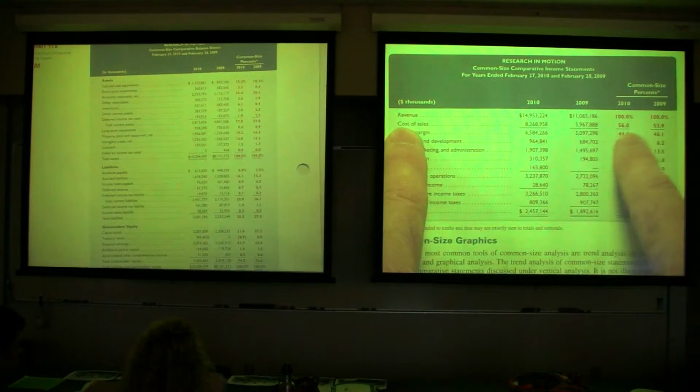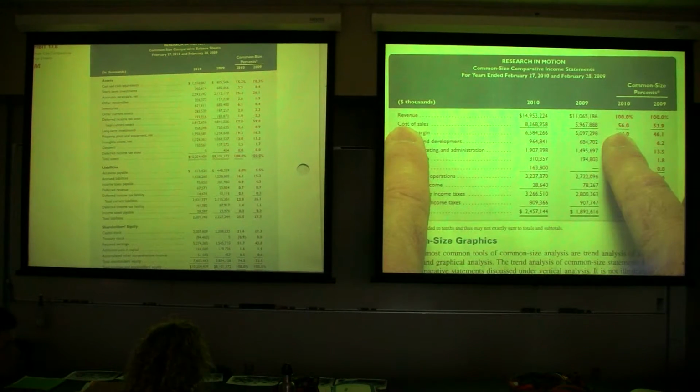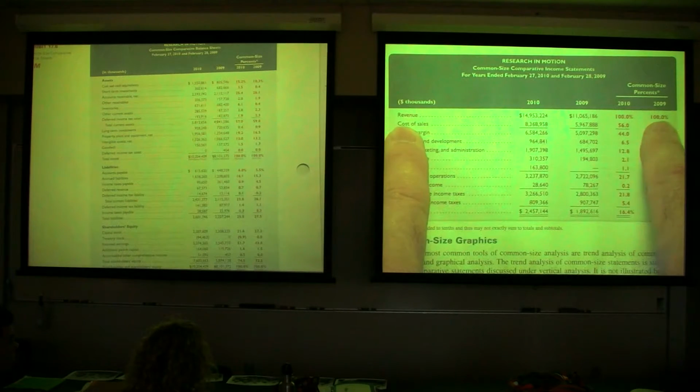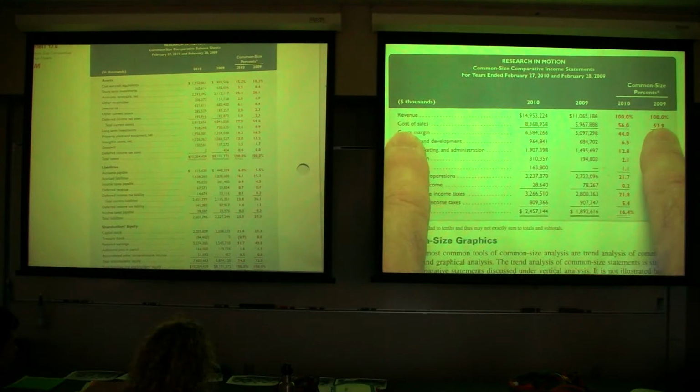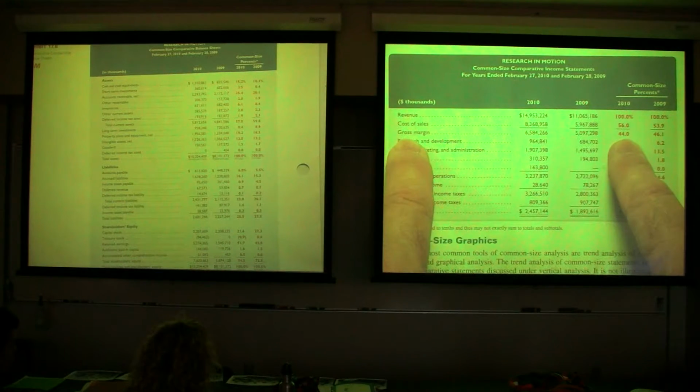And it increased to 56.0% of revenue in 2010. So what it means is they're paying a higher portion. And of course, if your cost of goods sold goes up, then your gross margin will go down.